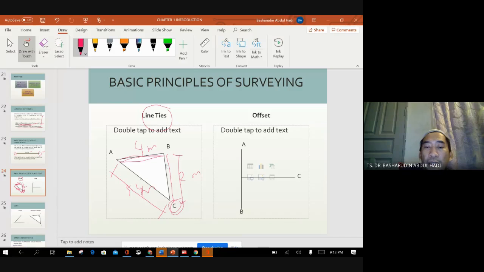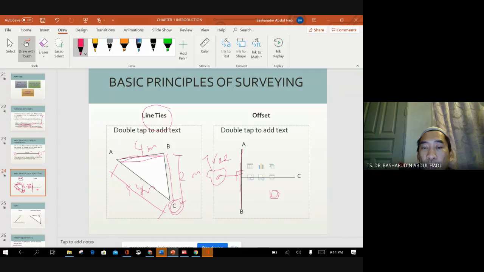Offset means that you have line AB. For example, you have a tree here. So you offset from the center of the tree to this line by 90 degrees. So this one is 3. This is the offset. For example, here we call it a point. Say you have a lamppost here.